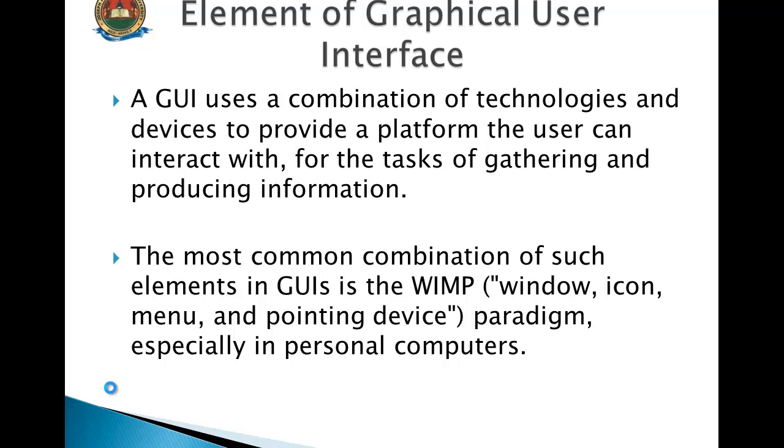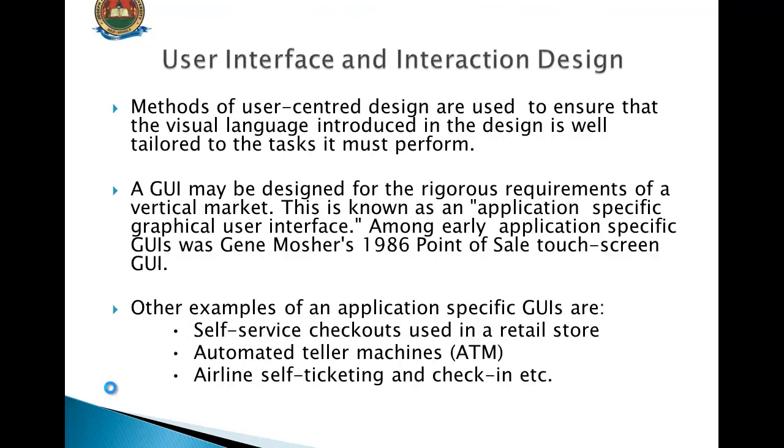There are different menus, the edit menu, the view menu, and many more that make it easy to use your computer. Then pointing devices: your cursor is a pointing device, used through the mouse to interact with our device. All these are elements that combine together to make up your GUI.